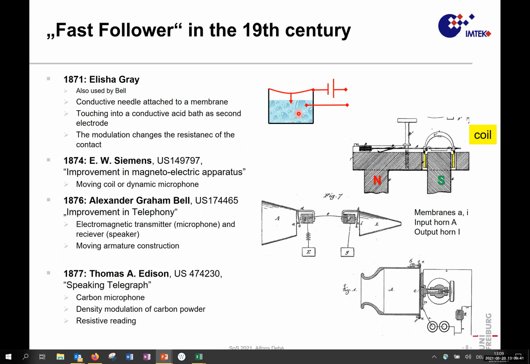Then there was Siemens, who had a patent in those times for a magnetoelectric apparatus. Already a quite complex situation. He has a magnet, the two poles of a magnet joined with a yoke, and into the pole gap he puts a cylindrical coil, and the coil is of course moved by the sound on the diaphragm.